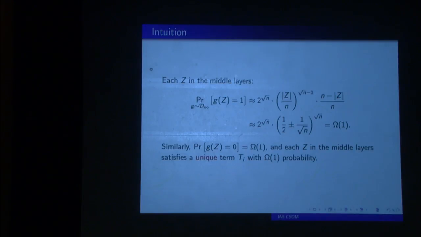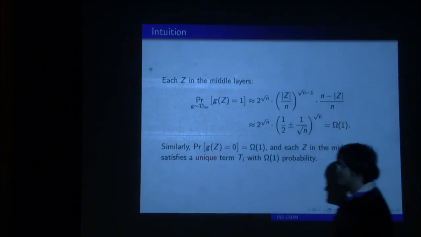And if you flip, let's say, root n bits of this string, most likely you will already be far away and not in this cube. So the binary search does not work, and we'll see that in general, no adaptive algorithm works if it has fewer than n to the 1/4 queries.